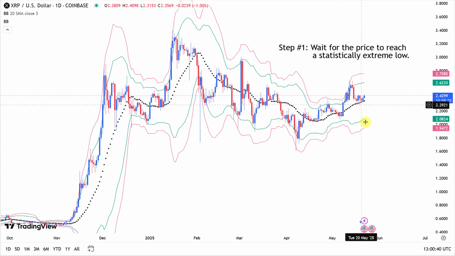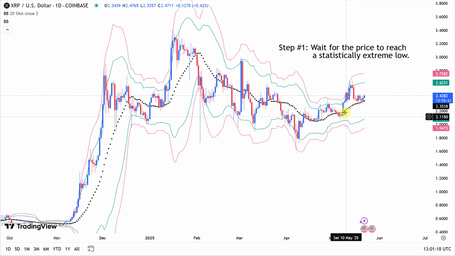It's a moving average. The green line represents 2 standard deviations away from the average. So the lower line is minus 2 standard deviations below average, and the upper green line is plus 2 standard deviations above average.